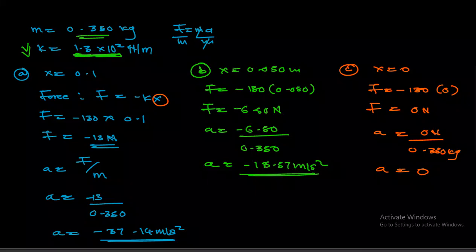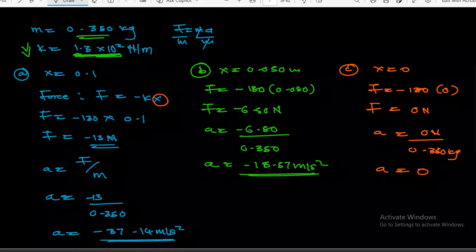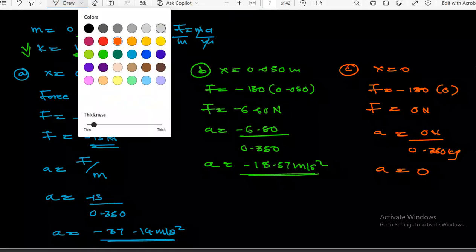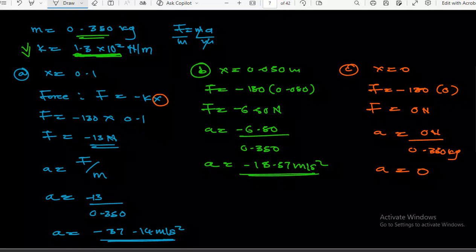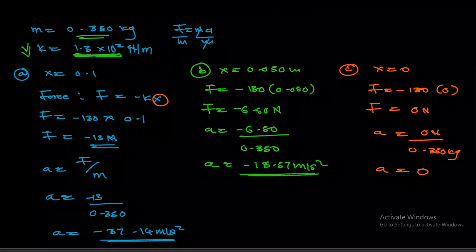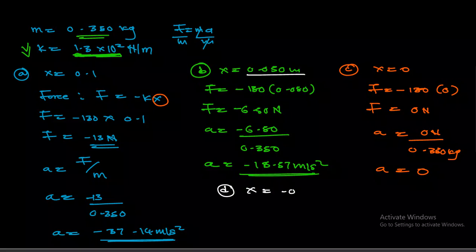So what we are going to have is this. Let me even use white to make it clearer. This was x is equal to 0.1, this was x is equal to 0.05, so our d is at x is equal to negative 0.05. You can see that all the calculations are going to be the same.